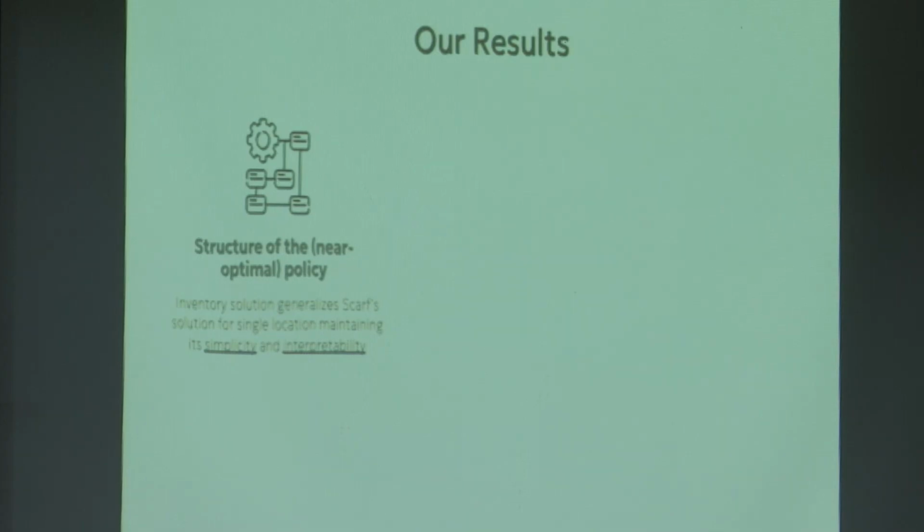Our policy generalizes Scarf, preserving the simplicity and intuitive nature of the inventory solution. The fulfillment policy also has a nice structure. It's not greedy, which actually is bad, but it has a nice closeness to some greedy-like policy, which I'll explain in the next few slides.